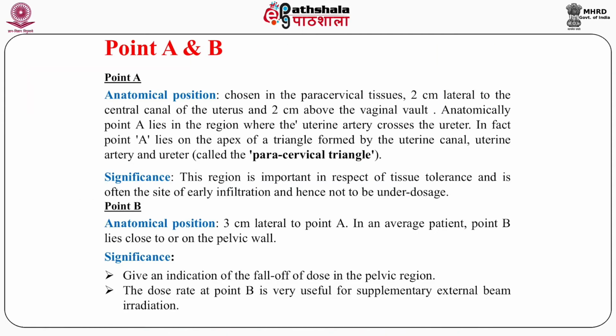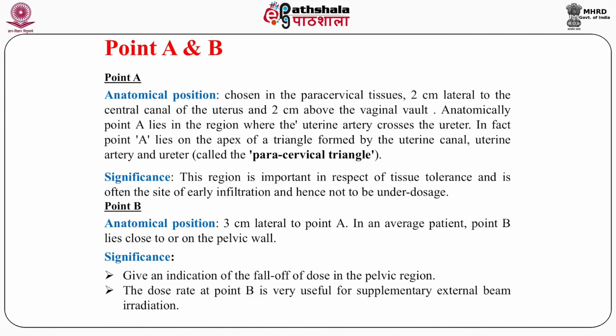Now, while treating cervix cases, there are a few points which we have to take care of. There are 2 points, point A and point B. They are theoretically defined and practically also understandable. Point A is an anatomical point.